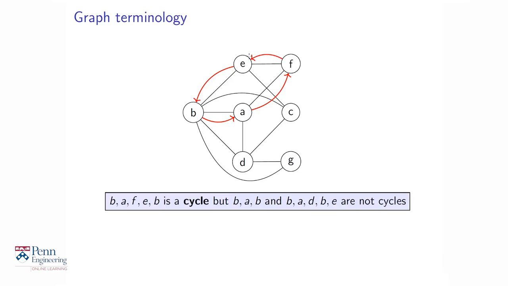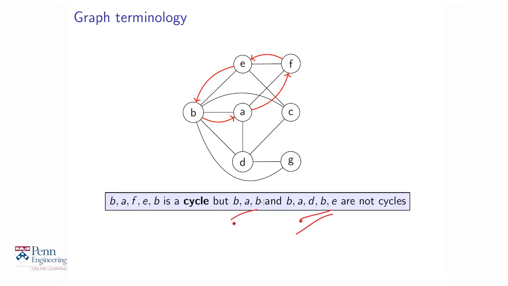So BADBE is not a cycle for 2 reasons. One, it repeats the vertex B, and second, it doesn't close on itself. It starts at B and ends at E. So this BADBE is not a cycle, obviously. And BAB is not a cycle because we insist that cycles have length at least 3. And they don't repeat any vertex except the start and end vertex.